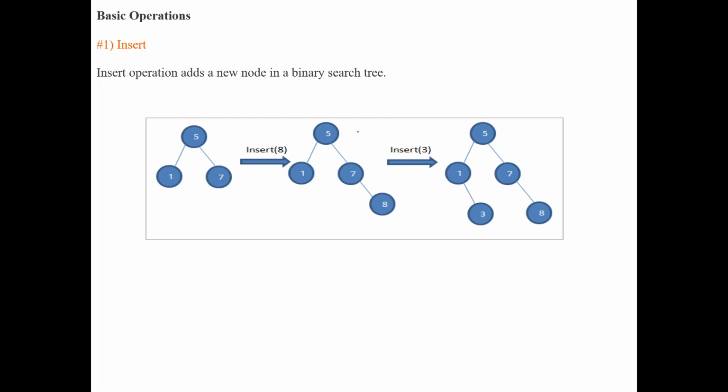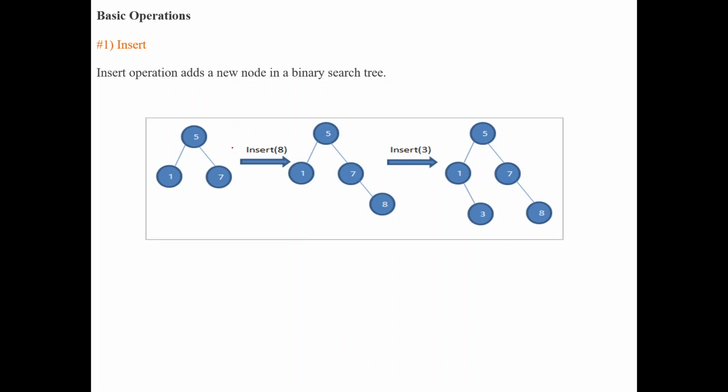The ADT operations you can perform in a binary search tree are insertion, deletion, finding minimum, finding maximum, and searching. In this video we are going to see insertion, deletion, and searching, and how we can find the minimum and maximum element of a tree.